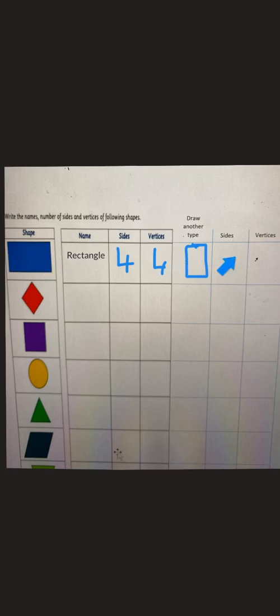So now my challenge is to see, has the number of sides and vertices changed? So we're going to fill out the number of sides in this column here. So let's count the sides again. 1, 2, 3, 4. 4 sides.